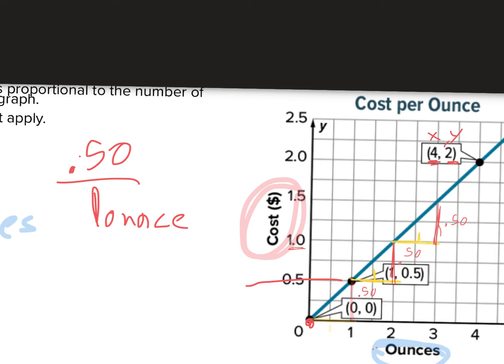Okay, 4 is my ounces, 2 is my cost. This is another way to look at ratios, but in this case, I'm looking at my money, which would be $2, to my ounces, which would be 4 ounces. Just knowing what those numbers mean in the problem.